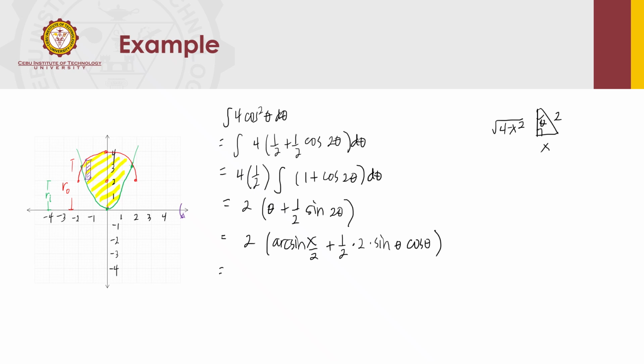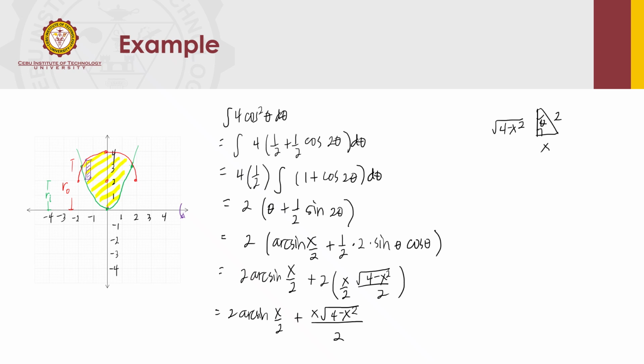And then that's 2 arcsine x over 2 plus 2 times sine, which is x over 2, and cosine is square root of 4 minus x squared over 2. So 2 arcsine of x over 2 plus x times square root of 4 minus x squared over 2.